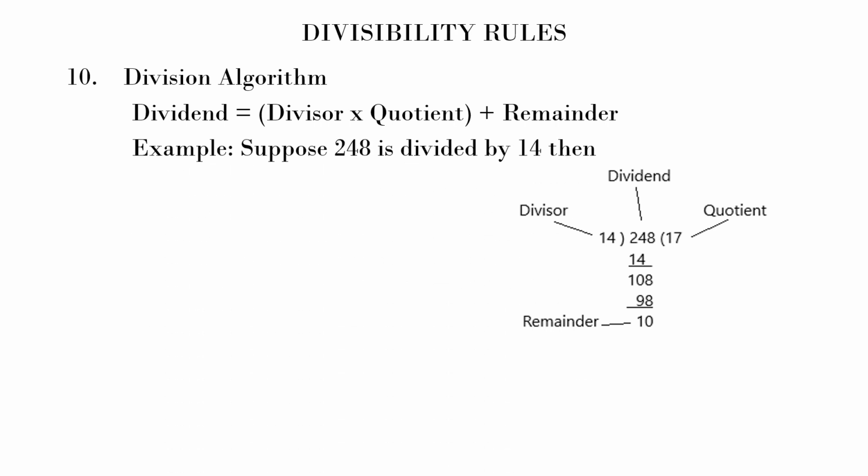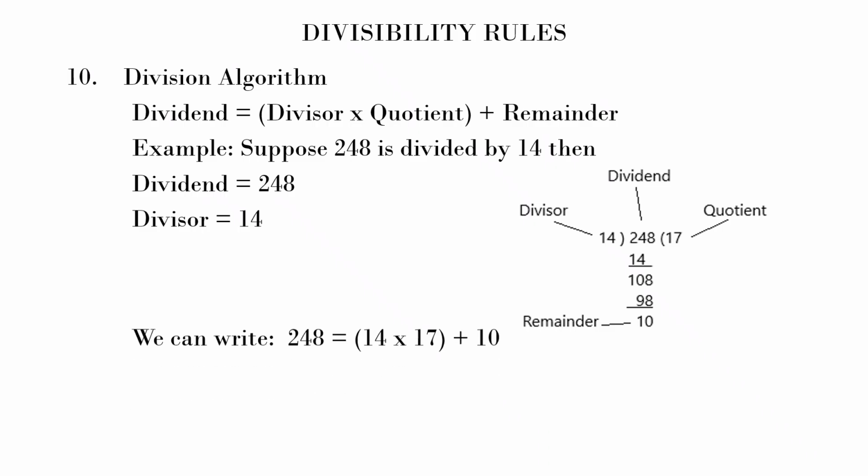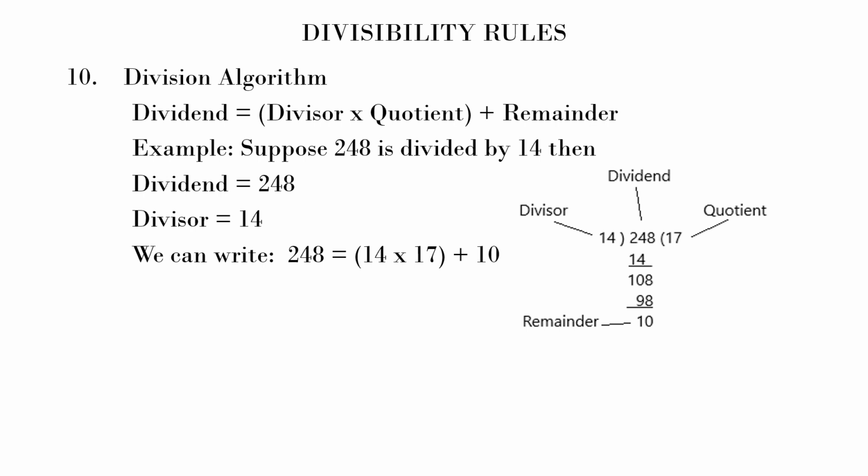Now for example, if you consider this division, 248 divided by 14, then 248 is the dividend, the divisor is 14, and we get quotient as 17 and remainder as 10.